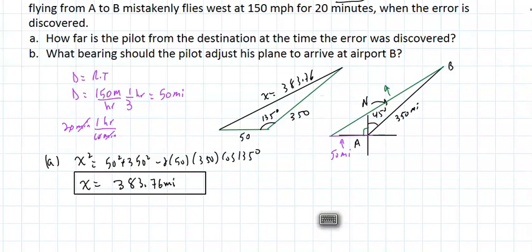Now, they're asking, what bearing should the pilot adjust the plane in to arrive at airport B? Remember, they're heading in this direction. So the actual bearing is going to be this much. Well, I could figure out what this angle is, right?